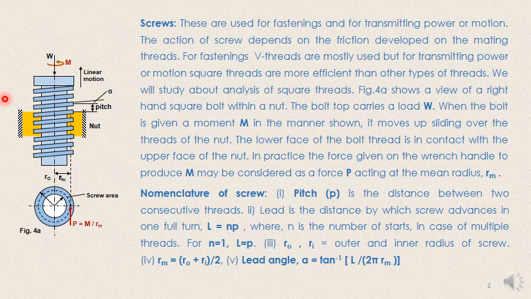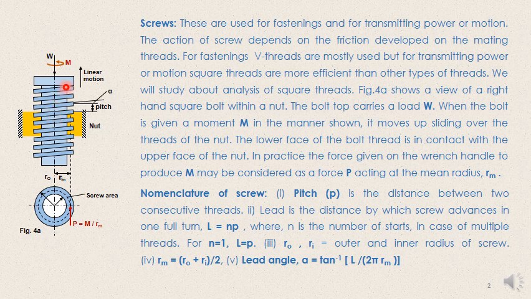Now let us look at this particular figure 4a, where we see a square thread profile screw, and this screw is moving through this nut body which is colored yellow.